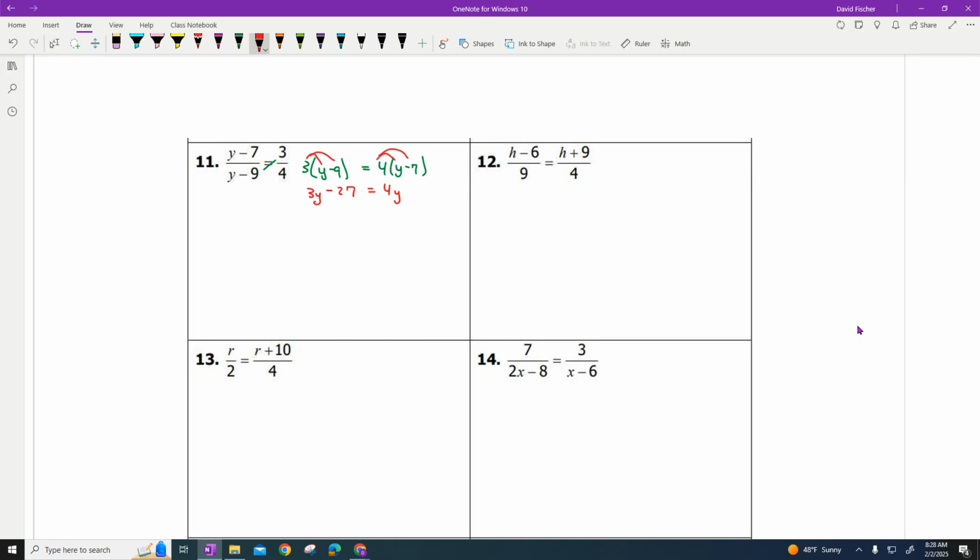Starting to take a little bit of a shortcut there. Got a 1 there? Good for you. Go on to the next one.